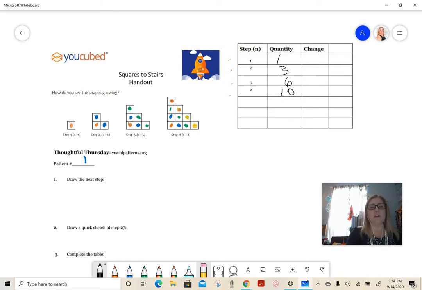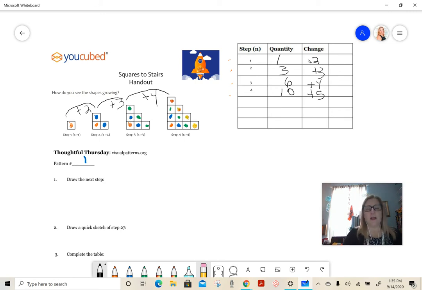And from 1 to 2, I added 2. From 2 to 3, I added those 3 green guys. And from 3 to 4, I added those 4 multicolored guys. So my pattern went +2, +3, +4. So my next one must have +5.